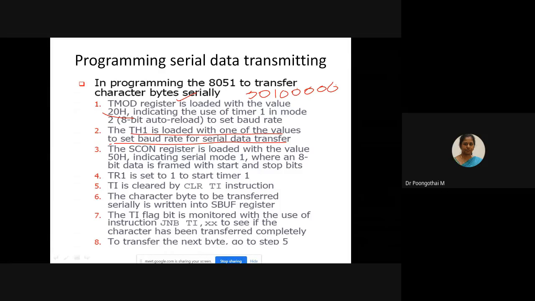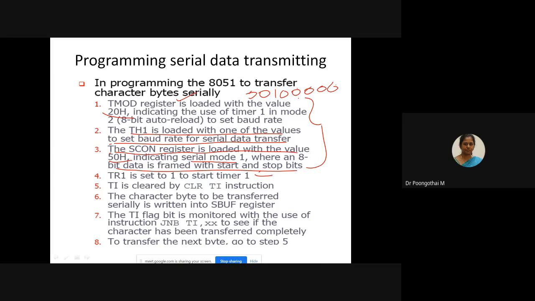The third step is the SCON register. The SCON register is loaded with the value of 50, indicating serial mode 1. It is 8-bit data, framed with start and stop bits. So these three are the initial steps. First you initialize your TMOD value and TH1 value in order to generate the baud rate. Third one, the SCON value.